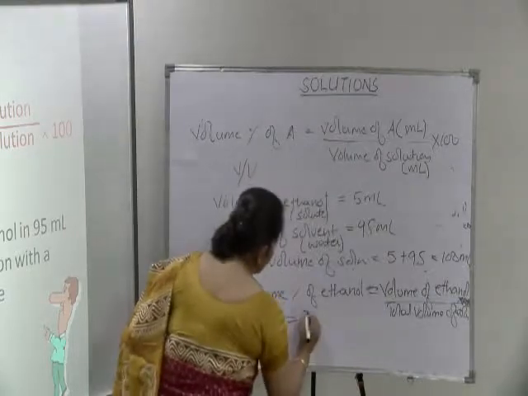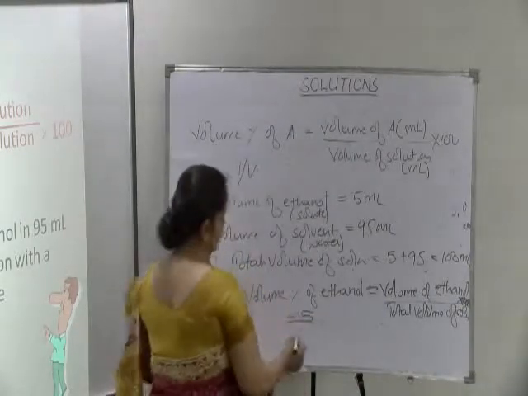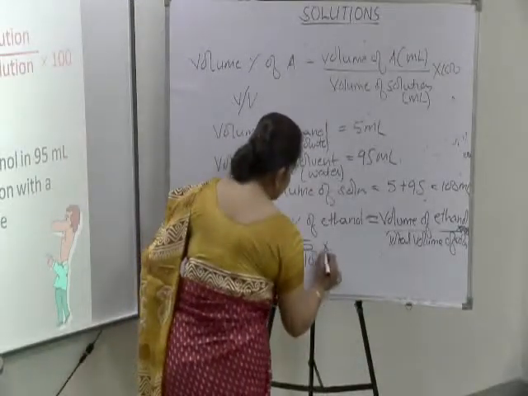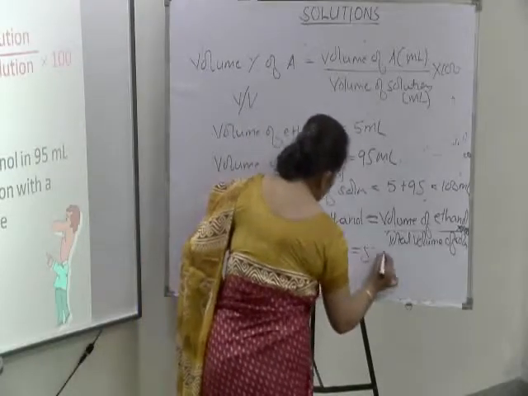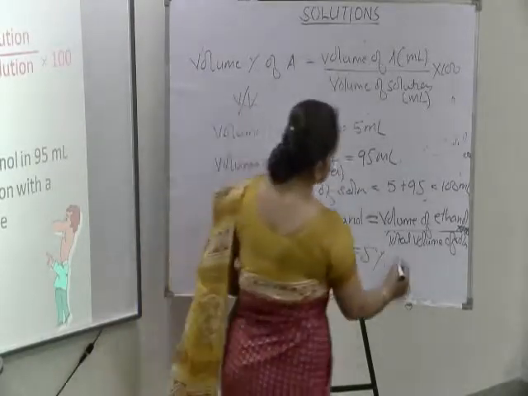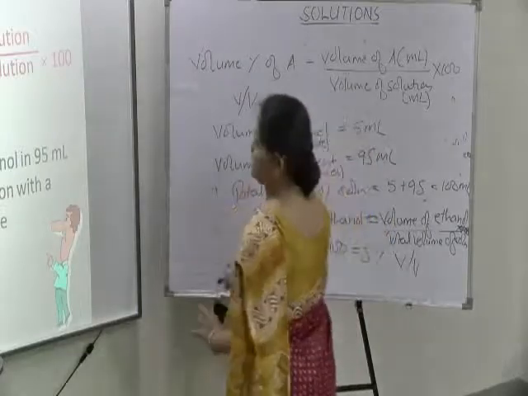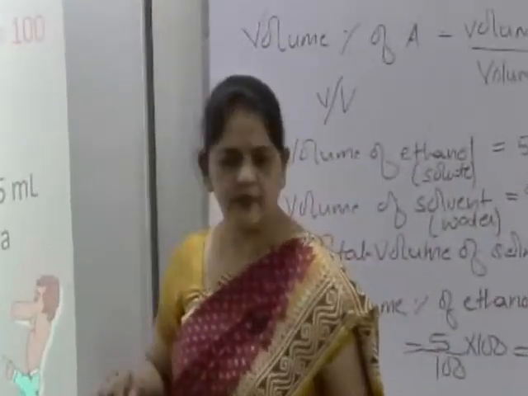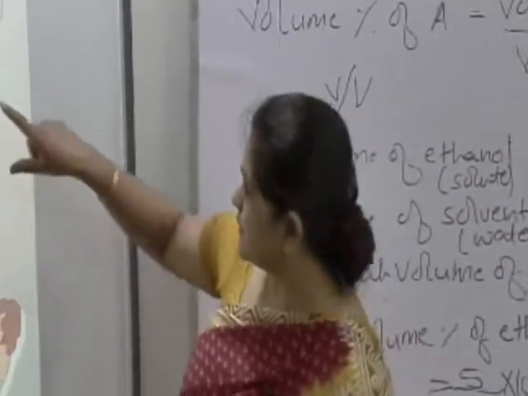Here the volume of the ethanol is 5 ml, solution is 100 ml, and hence your percentage by volume comes out to be 5%. This is the second method of percentage expression.